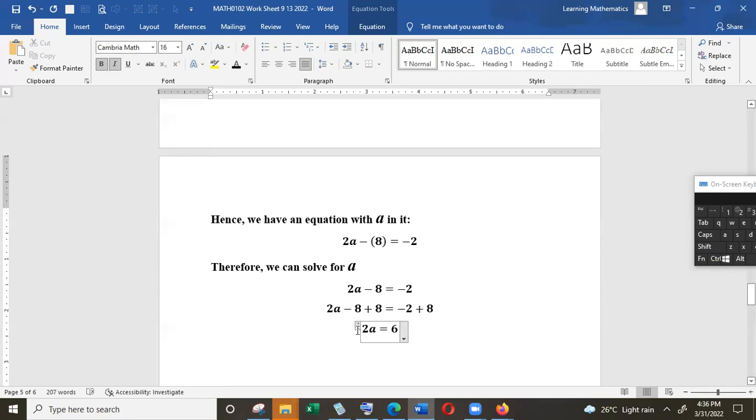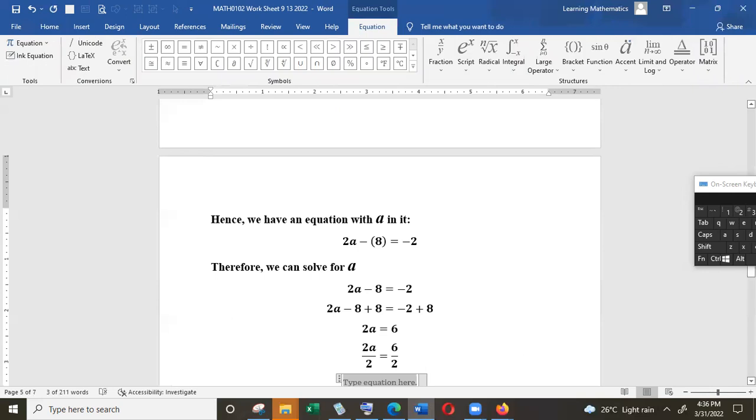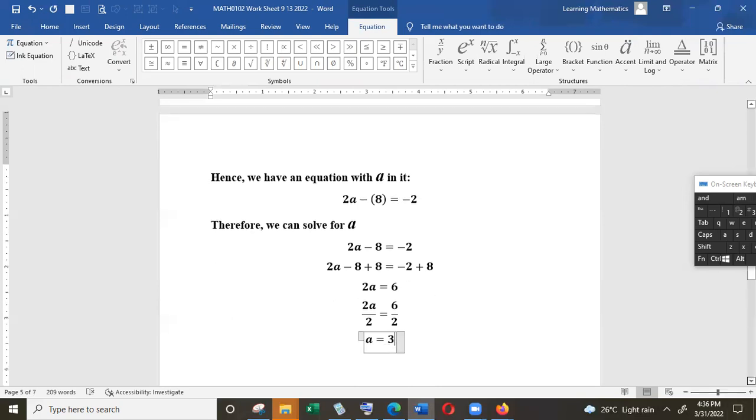Then we divide by 2 to solve for a: 2a divided by 2. What you do on the left, you have to do on the right. So a is equal to 3. Okay, so we have solved for a.